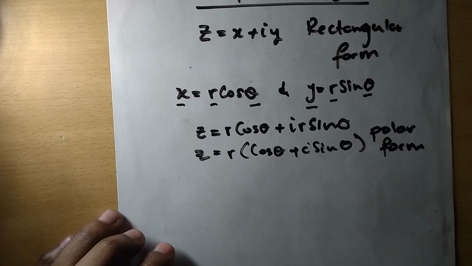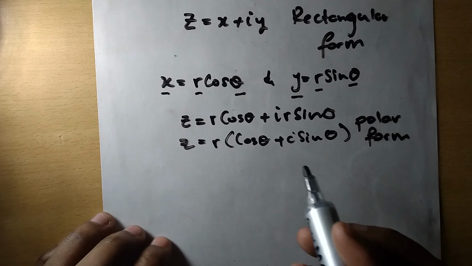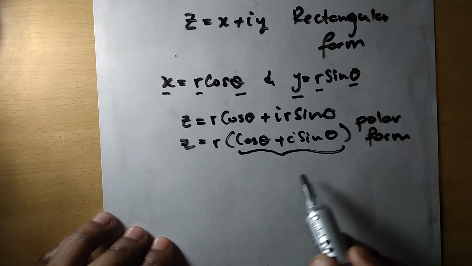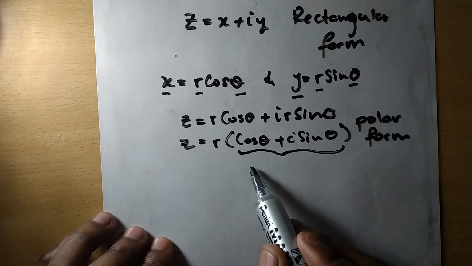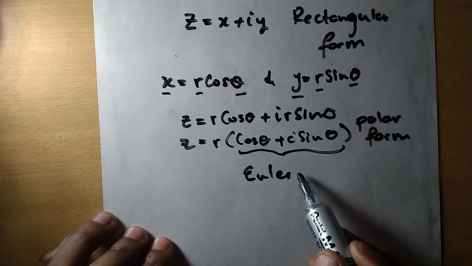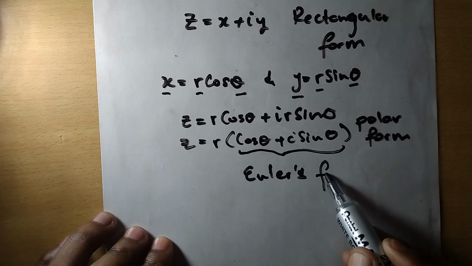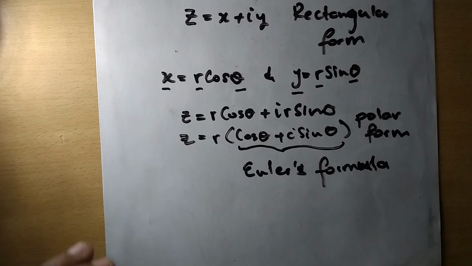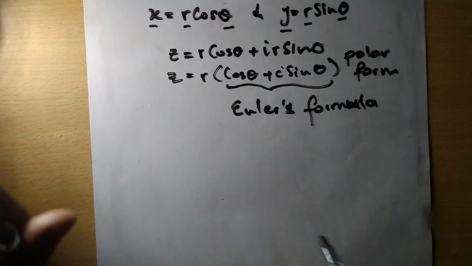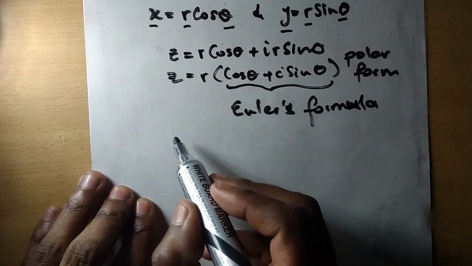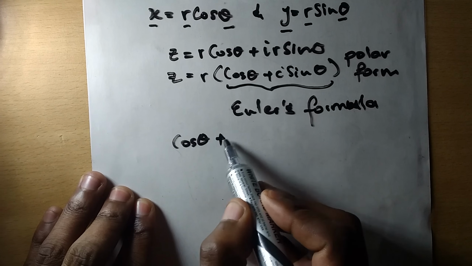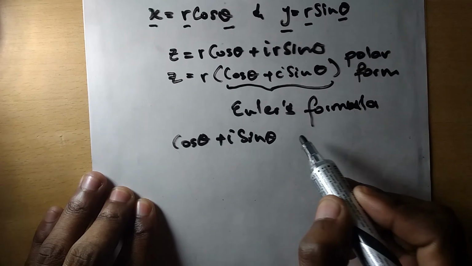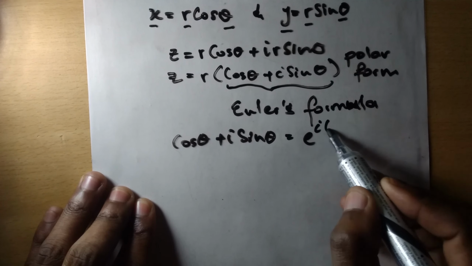Now this term here is what we call Euler's formula. Euler's formula says that this whole thing, cos theta plus i sine theta, is equal to e to the i theta.